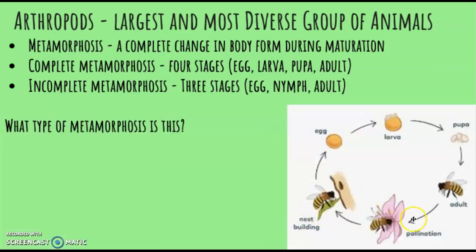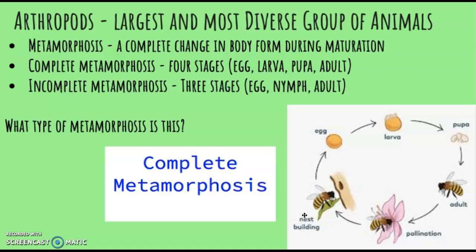So if I asked you for the honeybee what type of metamorphosis this is, you would say, well, hopefully you said complete metamorphosis, because for a honeybee there's an egg stage, the larva stage, the pupa stage where the larva matures, and then eventually has a very different looking adult stage where the honeybee has wings to help transport itself to different flowers to find food.